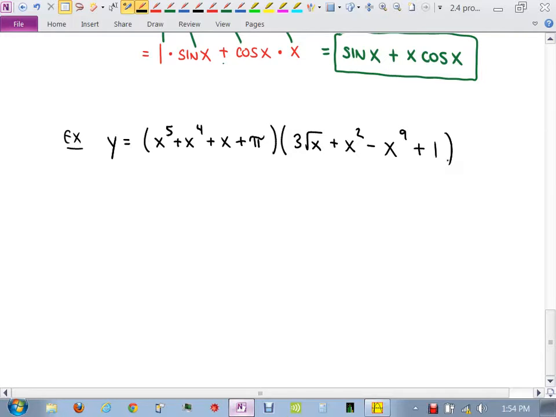But a better way is to realize you have product rule right there, and that this whole thing right here is an f, and this whole thing is a g, isn't it? And so we know that the derivative is f prime g plus g prime f.